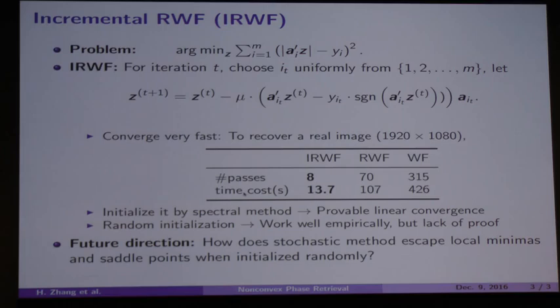RWF, where for each step we just choose one sample randomly and do the gradient update. Surprisingly, it converges very fast in practice, and we also proved that it converges linearly to the global minimum if we initialize it by the spectral method.